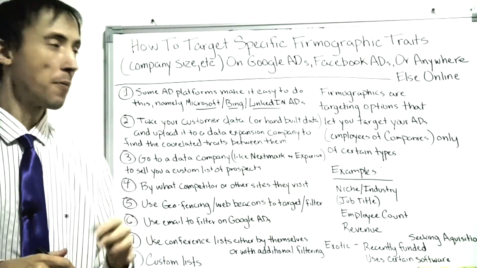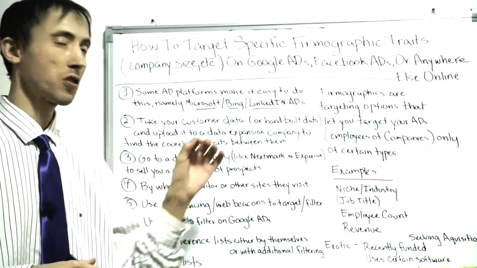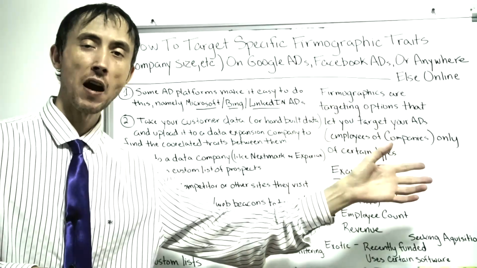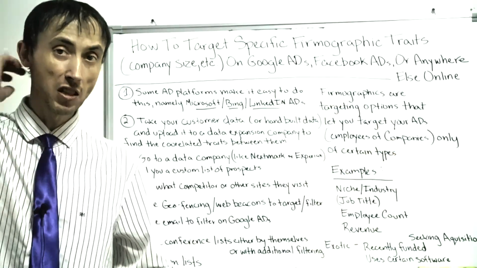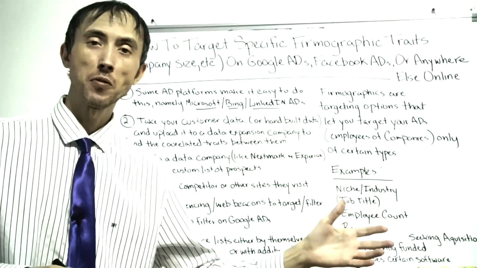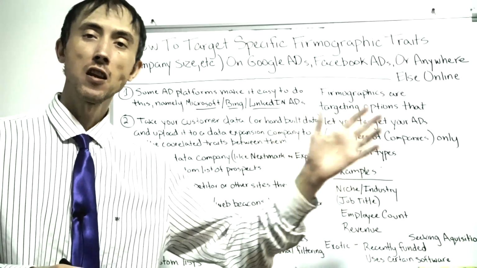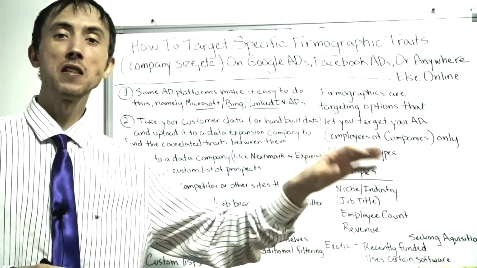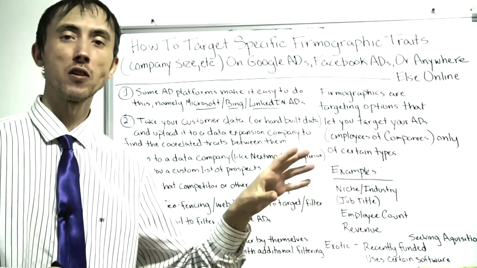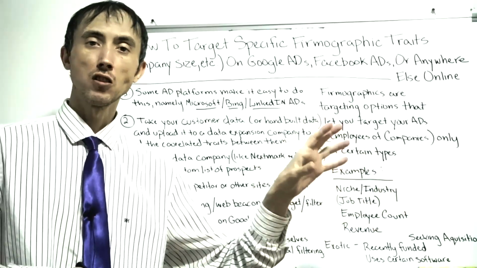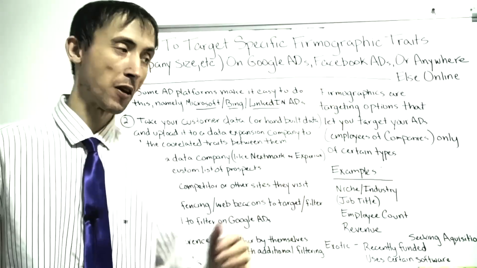So I'm going to get into just the basics of what firmographics is, just to explain the type of stuff that can and possibly would be done by a company like yours to get results with ads targeting people on a firmographic basis.